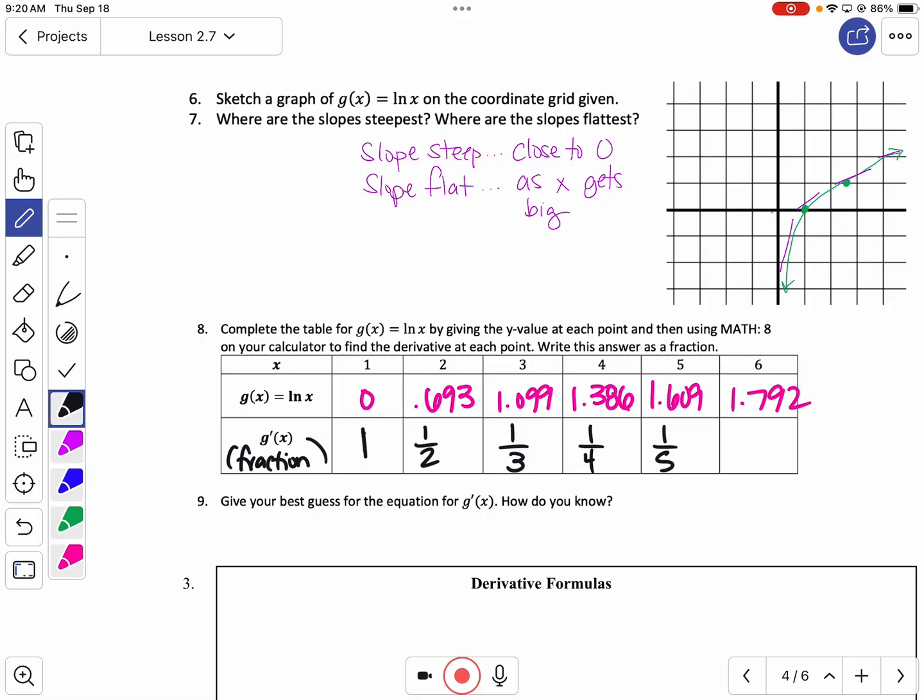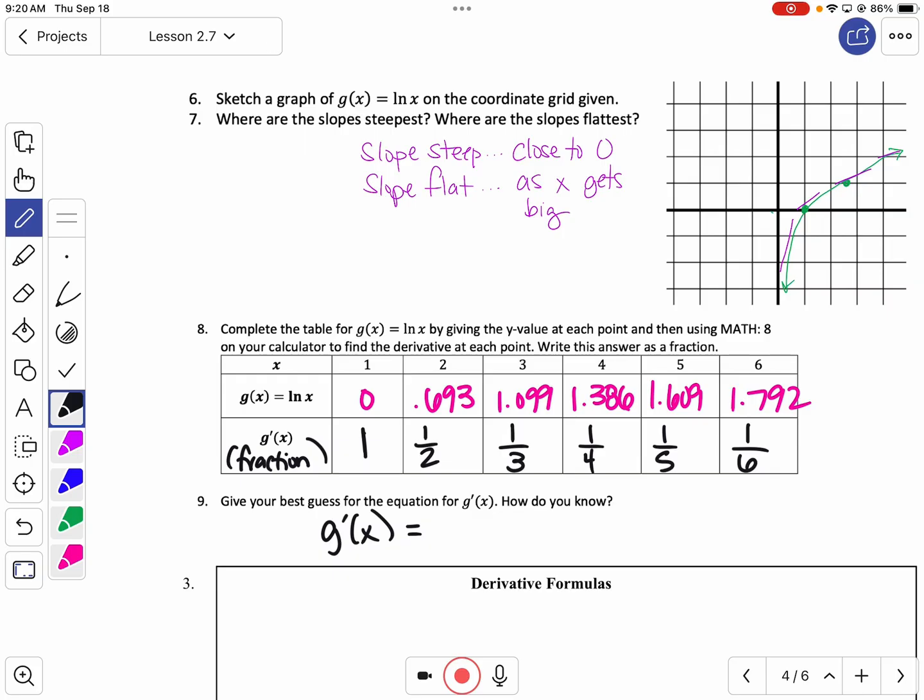Are you seeing a pattern? And then 1/6, about 0.1666. Yes, that's close. So that would give me 1/6. Now, what do you think is your best guess for the derivative? This one's a little tougher. When x was 1, I got 1. When x was 2, I got 1/2. When x was 3, I got 1/3.